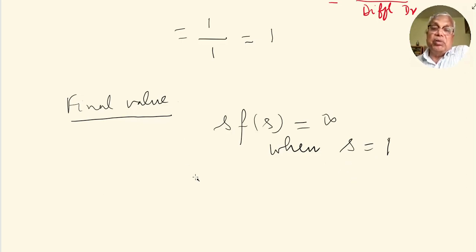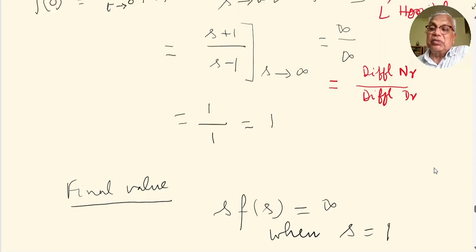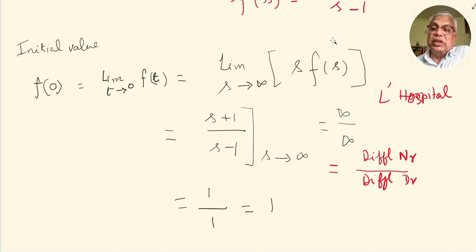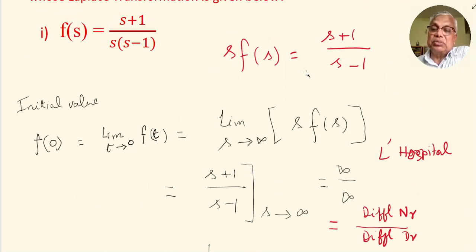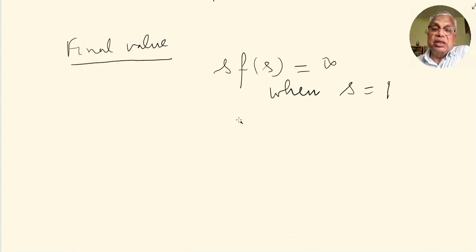situation, we will not be able to use the final value theorem, because the final value theorem is applicable only when s into F of s is not equal to infinity, s into F of s should not become equal to infinity for any value of s satisfying the relation real value of s greater than or equal to 0. Here when s equal to 1, this s into F of s becomes infinity, so the final value theorem cannot be applied.